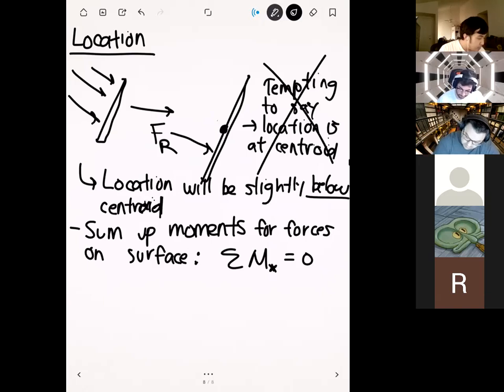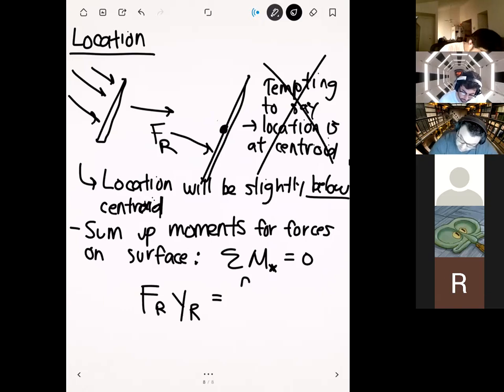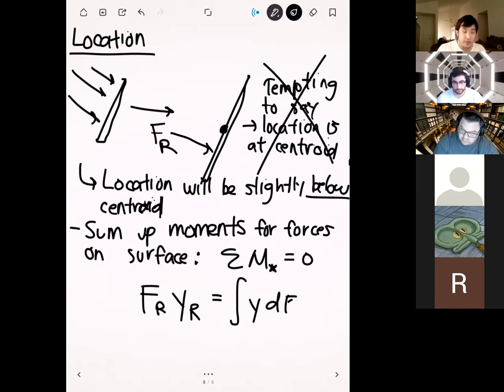We can make up one expression for this. We can say that FR times YR is equal to the integral of Y dF. This expression is the representation of the sum of the moments equals 0. On the left side of the equation, we have the resultant moment.